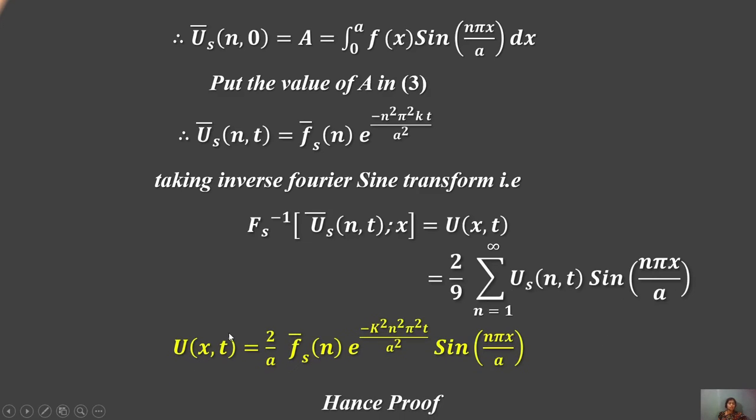This is the proof of this equation: u x t equals 2 by a f of s n e to the power minus k square n square pi square t upon a square, sine n pi x upon a. This is the proof of this equation. This formula will be used to find the value in the equation.